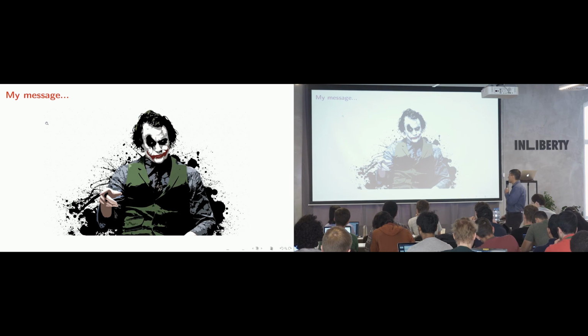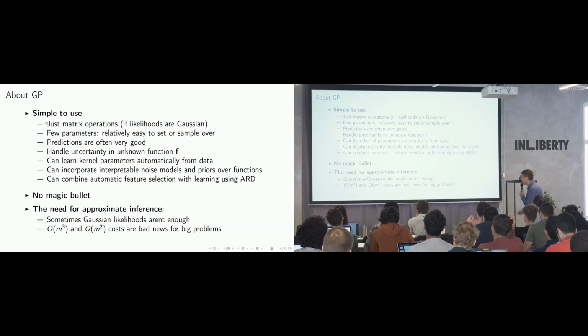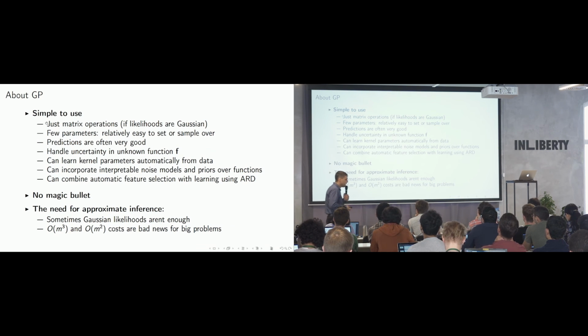And just some messages. So what I want to say: Gaussian processes are quite simple to use. Not many parameters. You can estimate uncertainty, and although now deep neural networks are very widespread and you can solve a lot of problems with them, still people continue to use Gaussian processes in many applications.